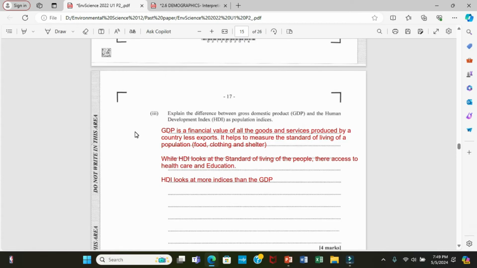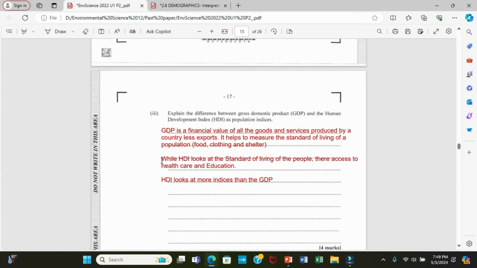All right. So the GDP, guys, it doesn't add in the exports. Only when you do GNP, it includes the exports. All right. So the total production of a country, except those that are exports, and they put a financial value. But the GDP, guys, only speaks about the food, clothing, and shelter of the individuals of a country.